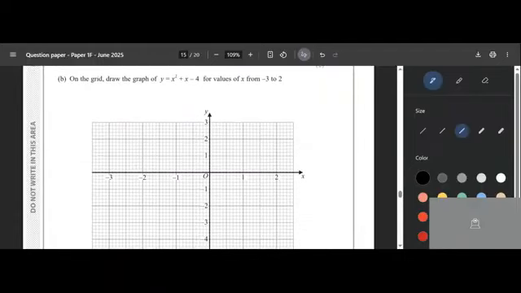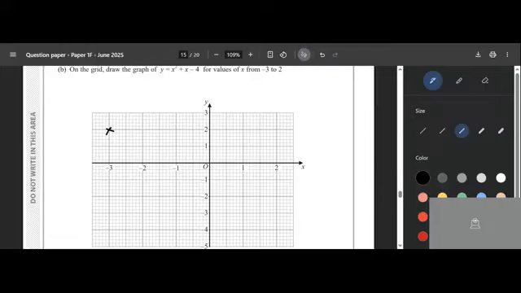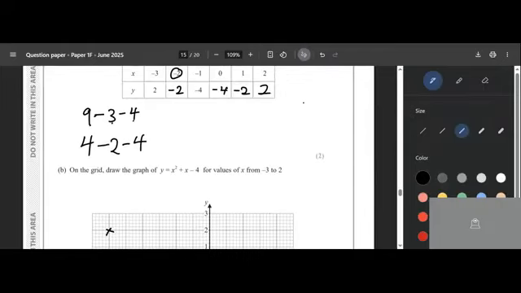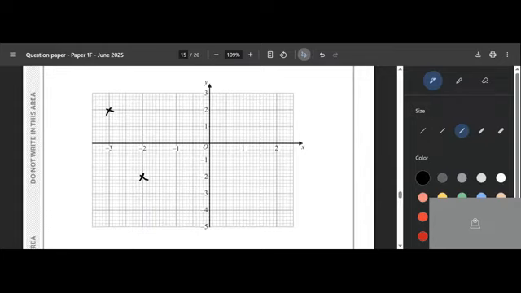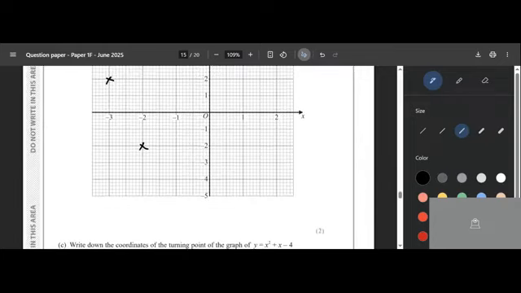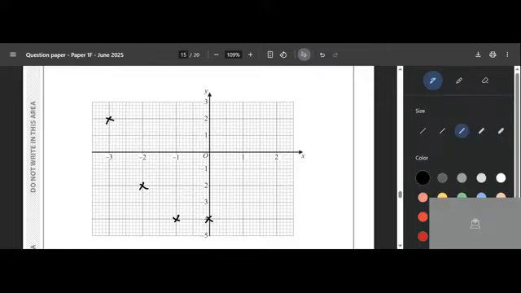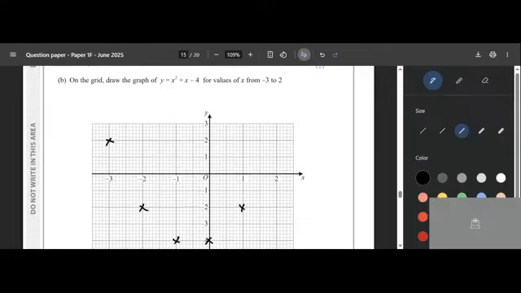We put that there. Then we have negative 2 and negative 2. Then negative 1 and negative 4. 0 also with negative 4. Then 1 and negative 2, and 2 and 2.